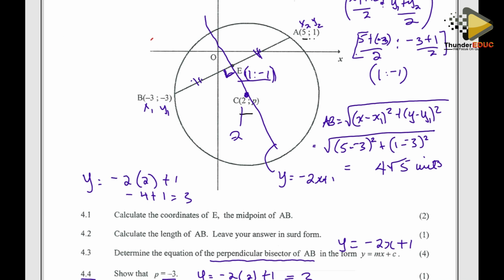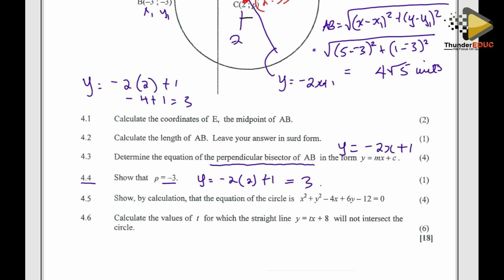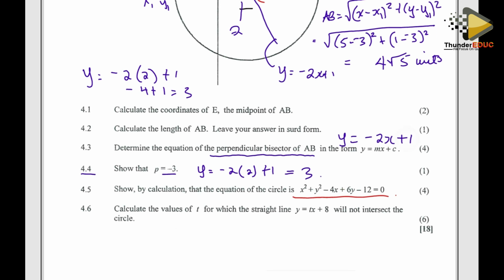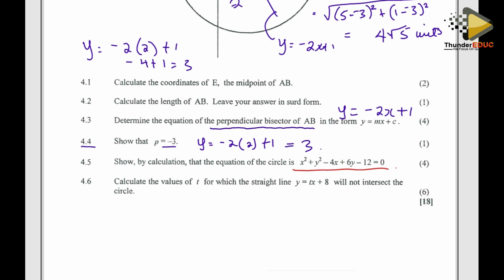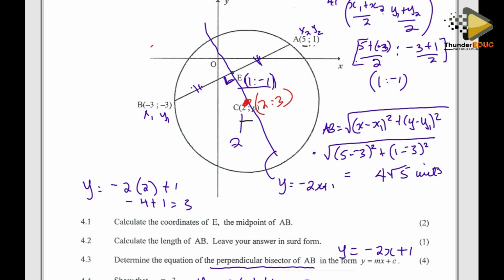Now the center is (2, 3). They want us to determine the equation of the circle in this format. So from (x - a)² + (y - b)² = r², what we need to get is our distance. If I connect the center to A, I need to get the distance CA, which is going to be my radius.